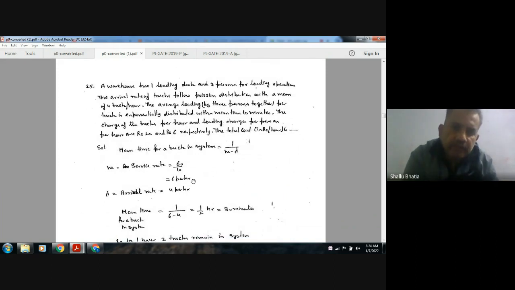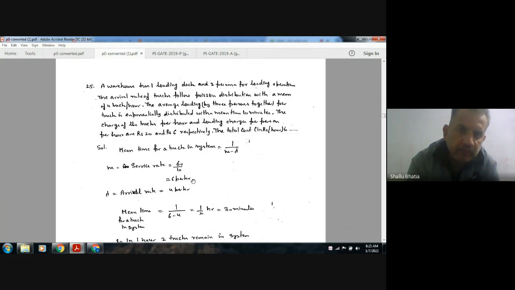Next, a warehouse has a loading dock and three persons for the loading operation. The arrival rate of trucks follows the Poisson distribution with a mean of 4 trucks per hour. The average loading time by 3 persons together per truck is exponentially distributed with a mean time of 10 minutes.